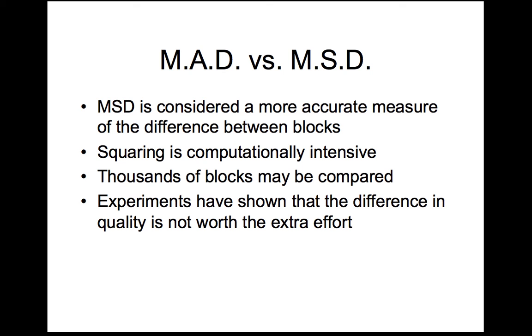So the mean square difference is a better measure in terms of accuracy, but it's more intensive. And of course the problem is you're going to do this hundreds of thousands of times.